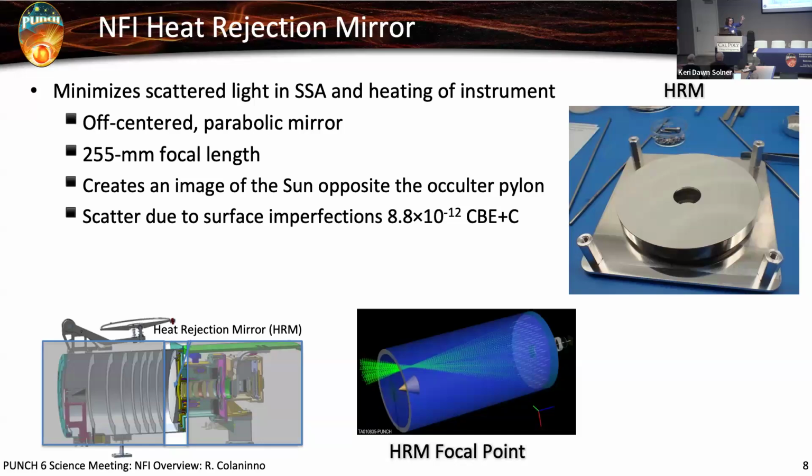So it makes an image of the sun near the occulter and then rejects all of the light out of the front of the stray light tube. That gets the heat out, and it also gets the stray light out, so we don't have sunlight bouncing off the back of that stray light assembly and getting into our aperture at the center of it.